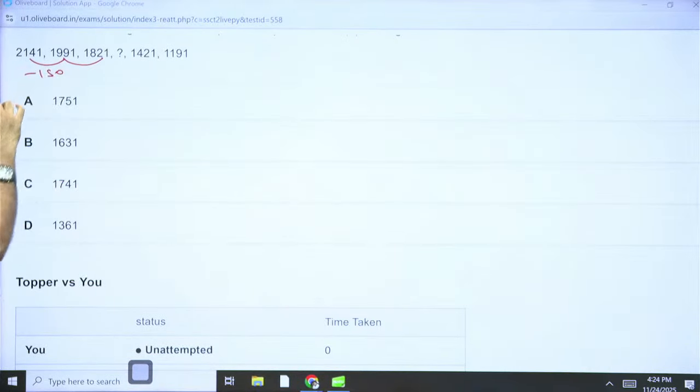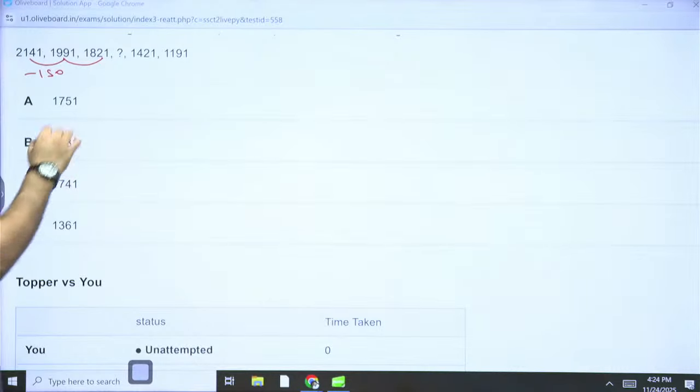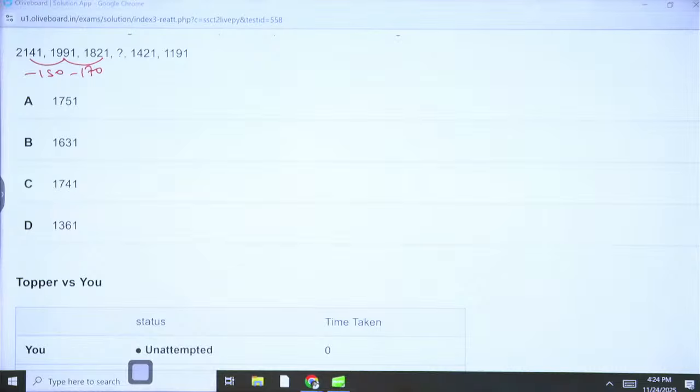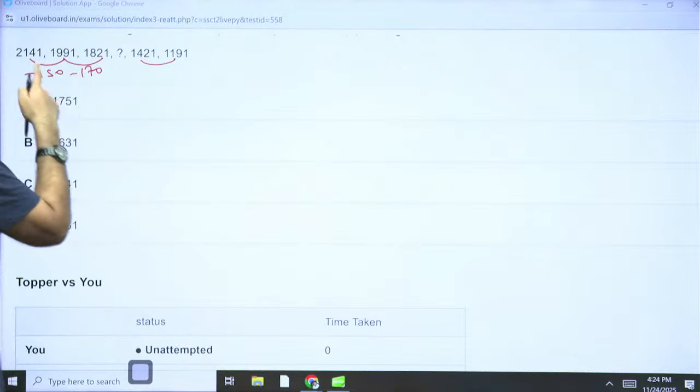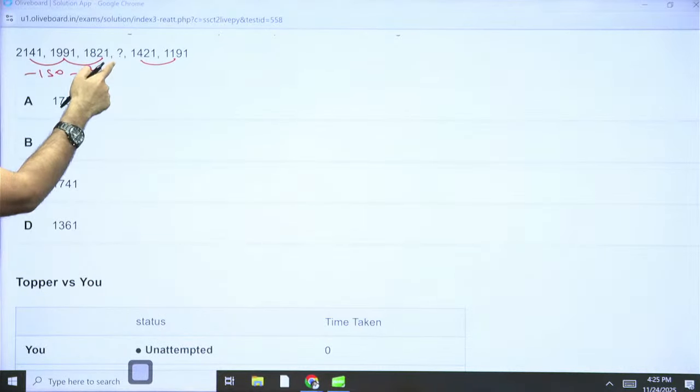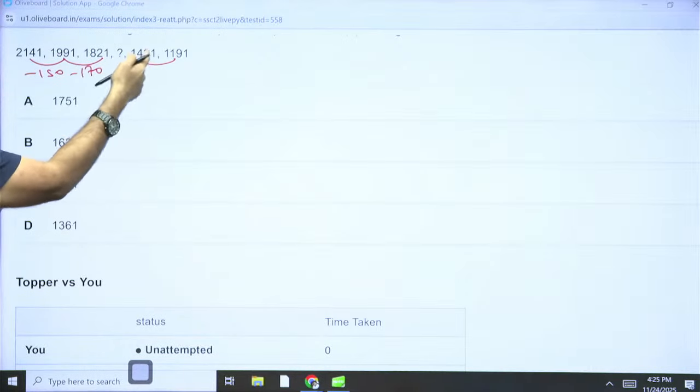So this is 91 and 79. 91, 79, 170. 170, 150, 170. Let's check this one. It's increasing by 20. This should be 190. This should be 210. This should be 230. Is this 230?